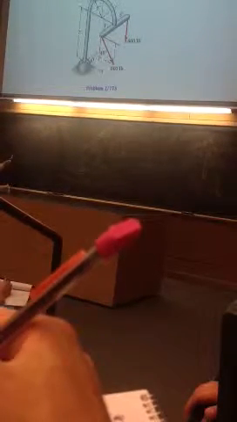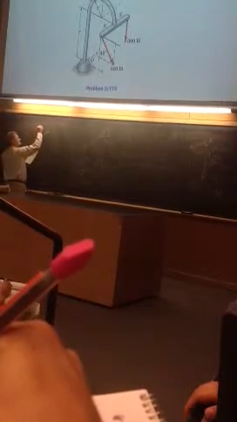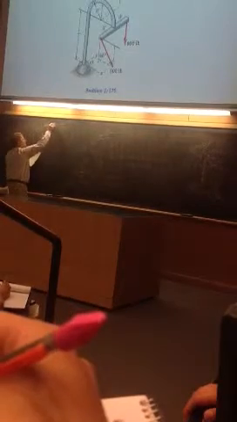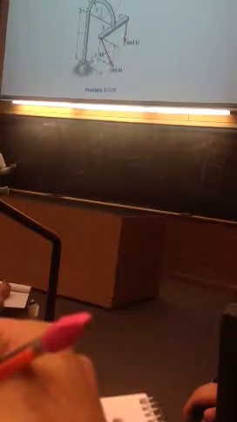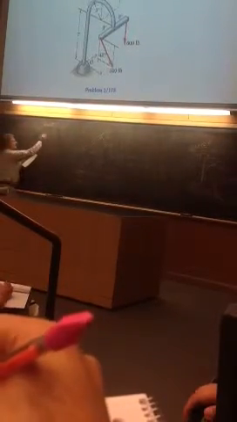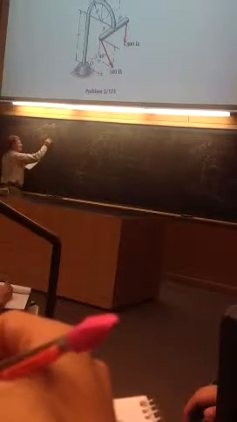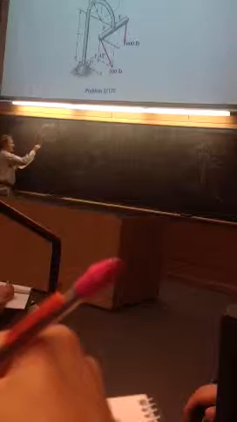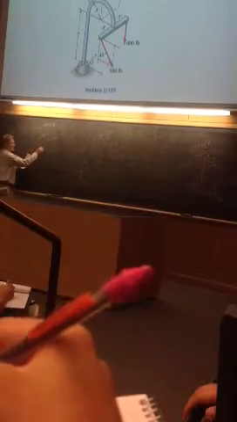So here is the original structure. I have a 400-pound force going backwards. I've got a 600-pound force coming straight down, and then I have this 500-pound force.